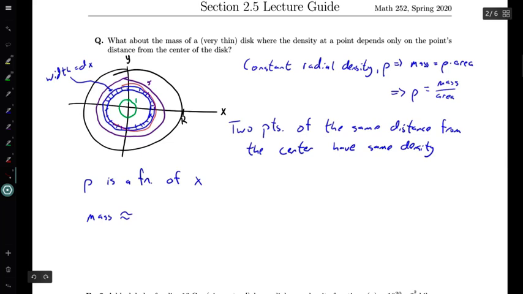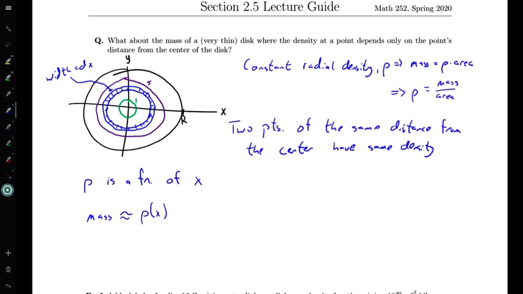We're going to be certainly assuming that the radial density function is continuous here. So since the points in the outer circle are close to the points in the inner circle, their densities are going to be roughly the same. So we can assume that the density is roughly constant, so the mass is then going to be roughly equal to the density at point x times the area of this disk.